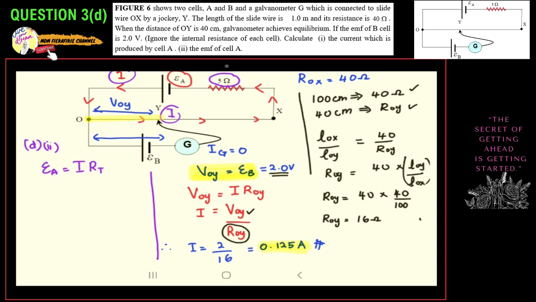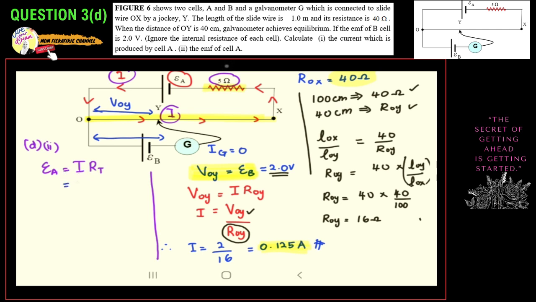Okay, from O to X tadi ada resistance. Dia dah kata dah. Wire O to X ada resistance of 40 ohm pluskan dengan external resistor here 5 ohm. So kita nak dapatkan, okay, circuit atas tu kita nak dapatkan total resistance dia berapa. Okay, so dia akan dapat berapa tadi?